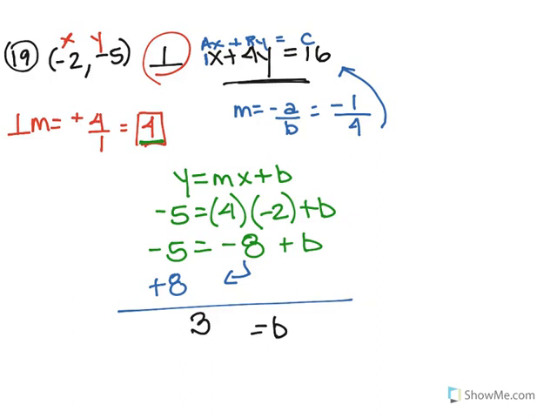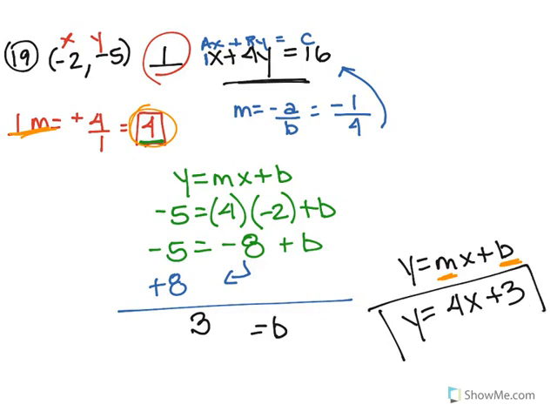Keep in mind, if you want to write that equation in slope-intercept form, you now have to plug in the m that was perpendicular, which is the 4, and the b that you just found. So that would be y equals 4x plus 3. That would be the correct equation in slope-intercept form, okay?